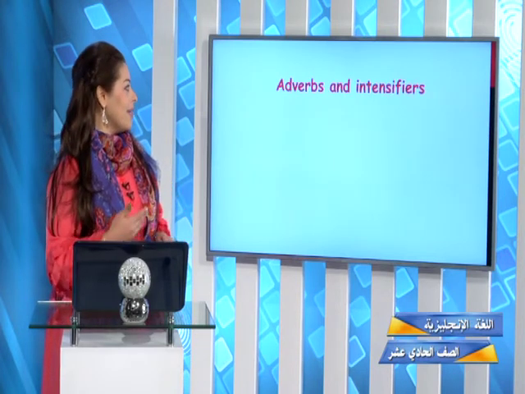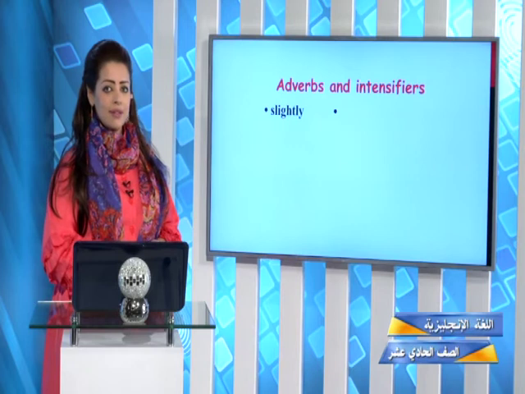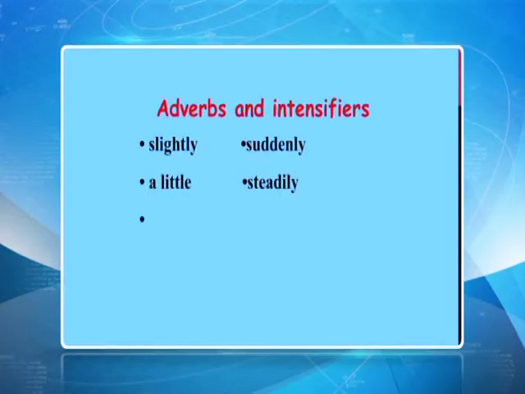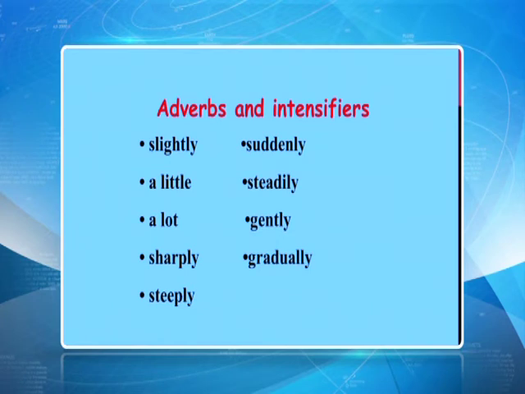Now, there are some adverbs and intensifiers which we can use when you write about a chart. For example, slightly, suddenly, a little, steadily, a lot, gently, sharply. All of these words can be used. I hope you are taking notes.